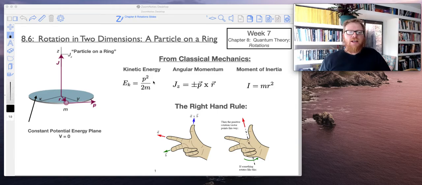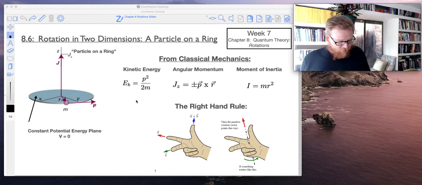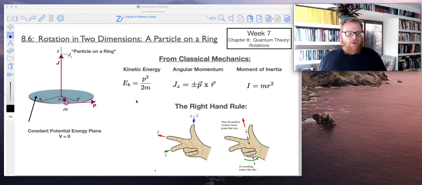So there's going to be a lot of things that we build from classical mechanics in describing the rotations of particles in terms of quantum mechanics. Okay, so the first thing I'm going to set up is our physical picture, this particle on a ring.